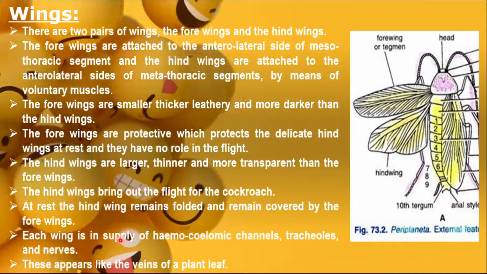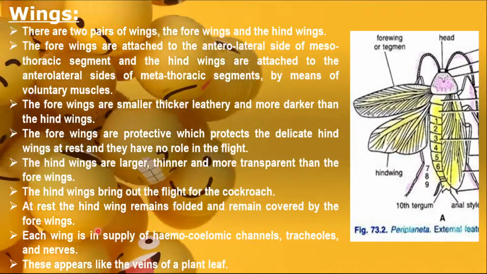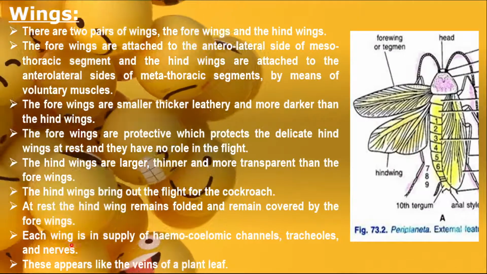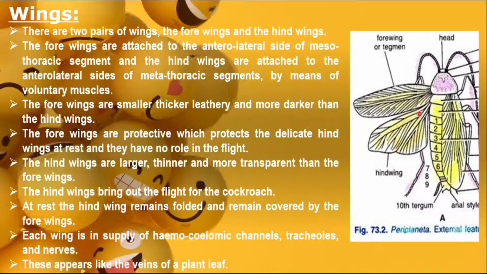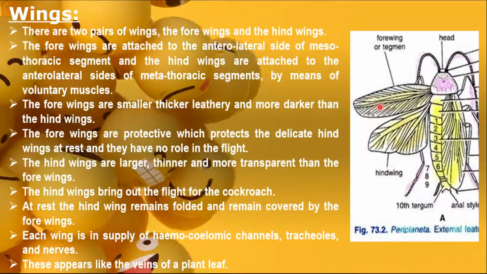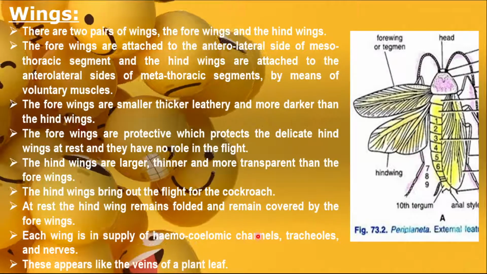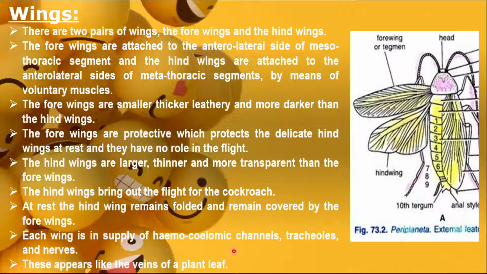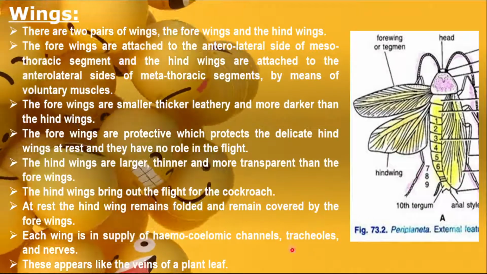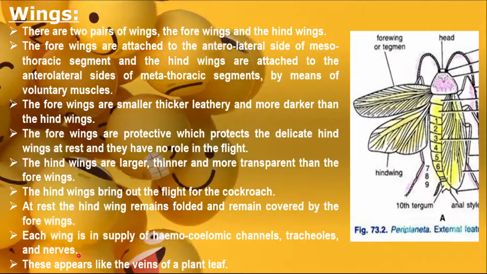Each wing is in the supply of hemocoelomic channels, tracheoles, and nerves. See here, the venation is given in the wing structure. So these venations are all hemocoelomic channels, which means the blood or body fluid is circulated in these wings. Tracheoles help in respiration, and nerves help in nervous control.